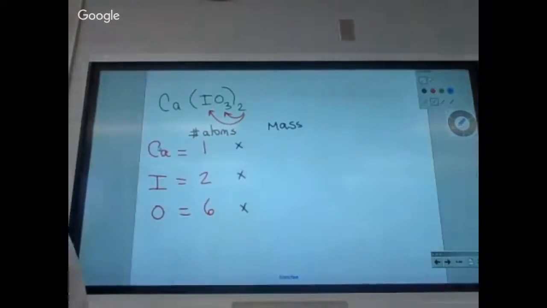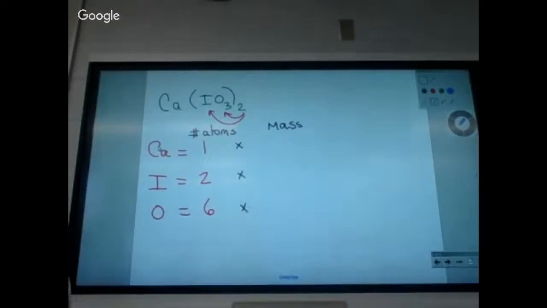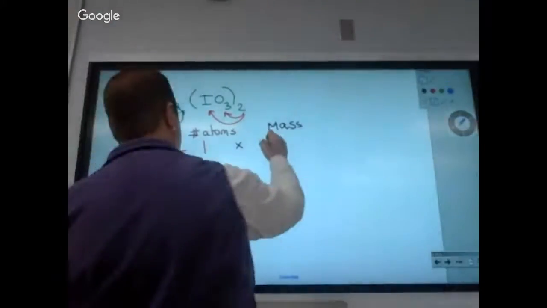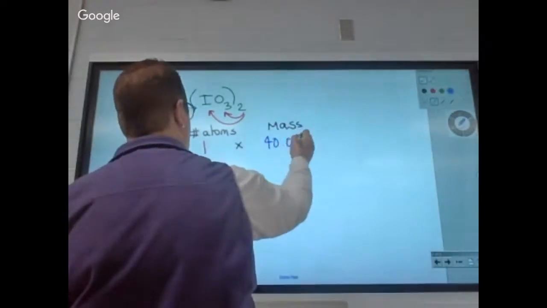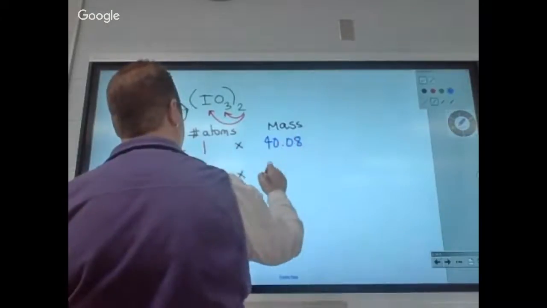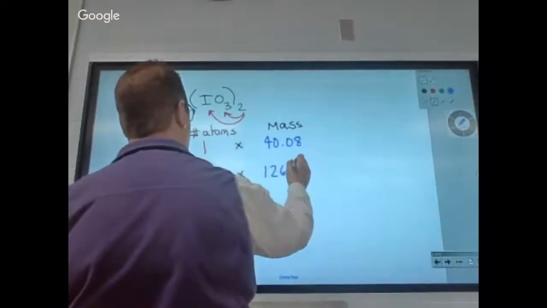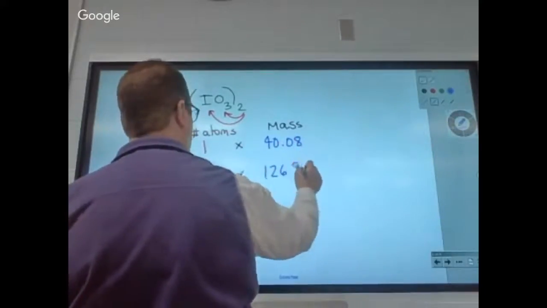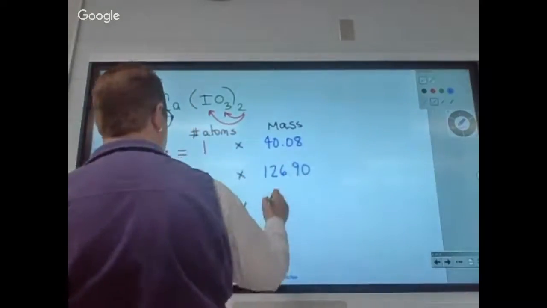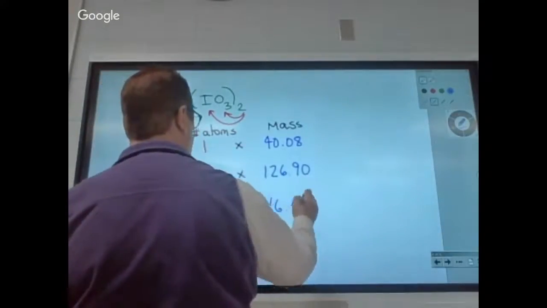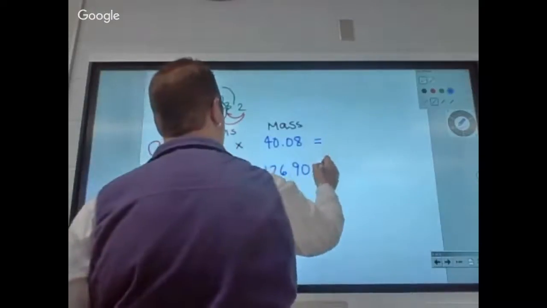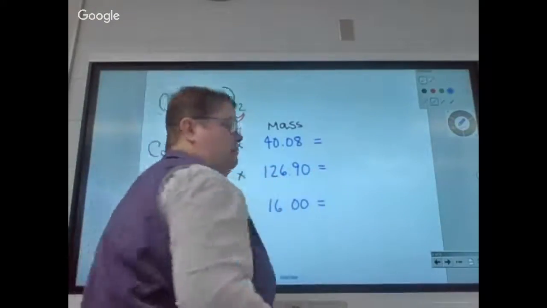So if we look at the periodic table, calcium's mass is what? 40.08. Iodine is 126 point something. And oxygen is 16. So we're going to multiply these together.